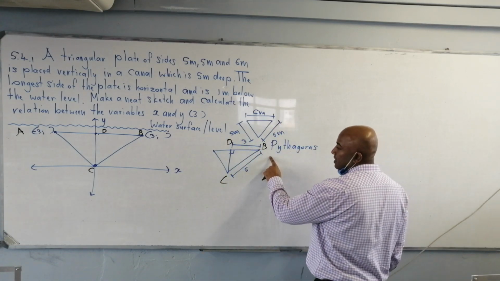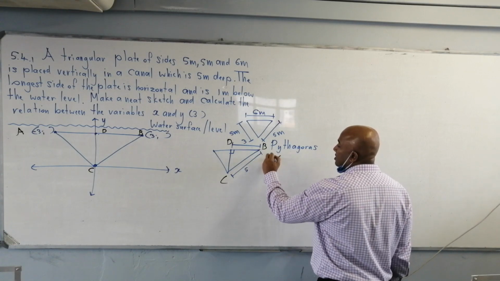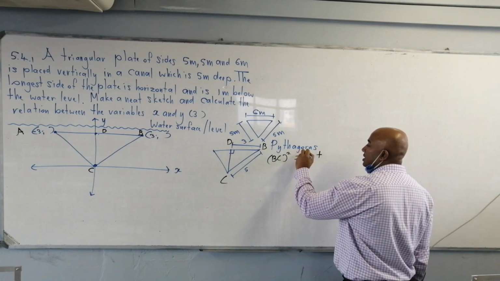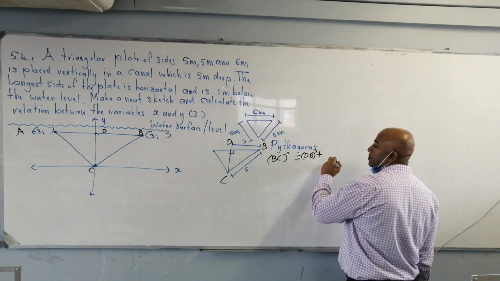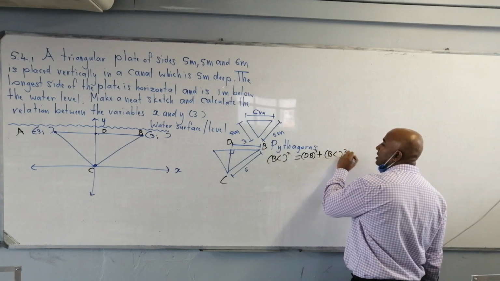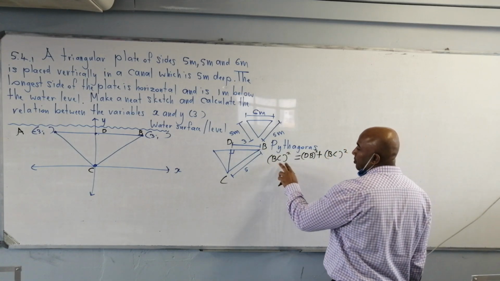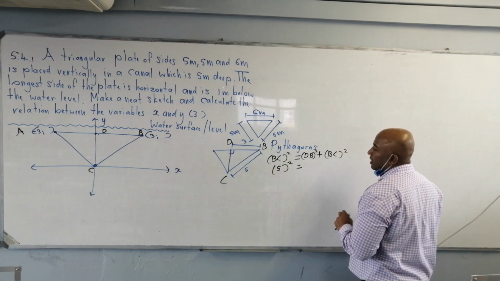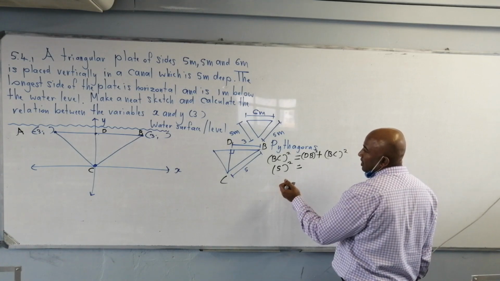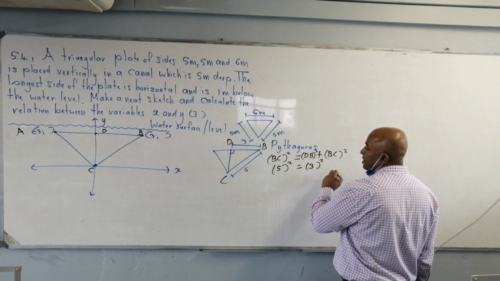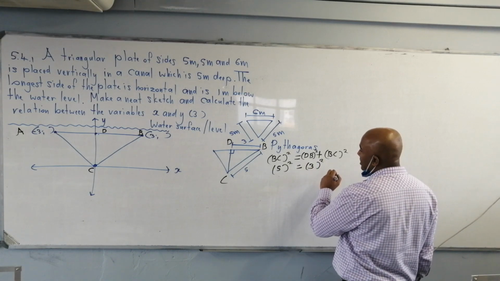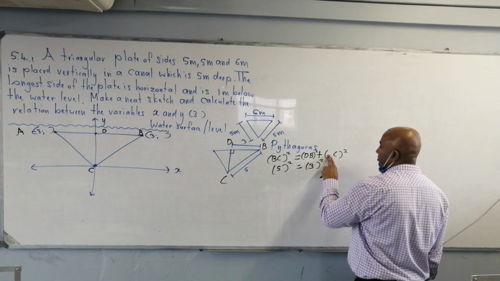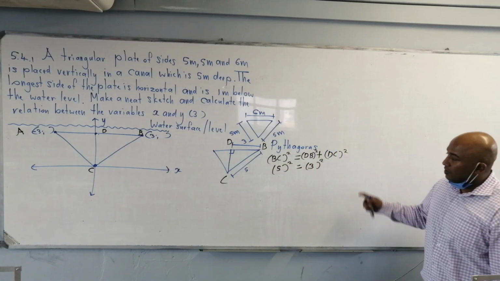From Pythagoras, we know that the square of the hypotenuse BC squared is equal to the sum of the squares of the other two sides, which is DB squared plus DC squared. BC is 5, so that's 5 squared. DB is 3 squared. And DC is what we are looking for.